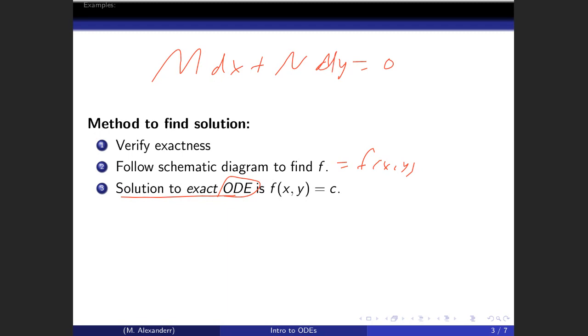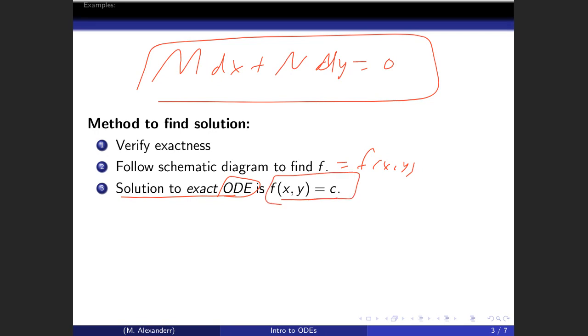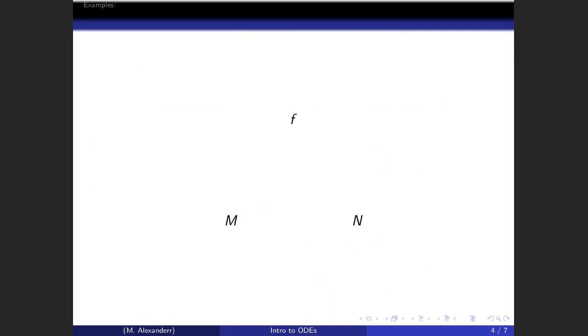The solution to the differential equation is the following: you make the function that you just found equal to c, and then solve for y if possible. This is a tricky part, because it's not always possible, but for the majority of our problems, it will be.